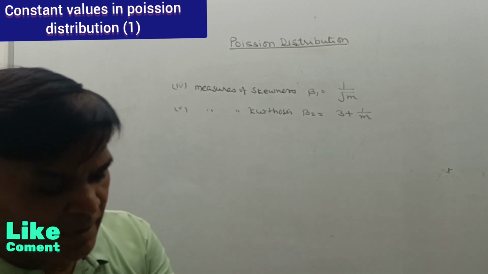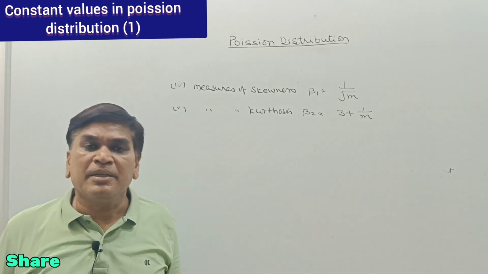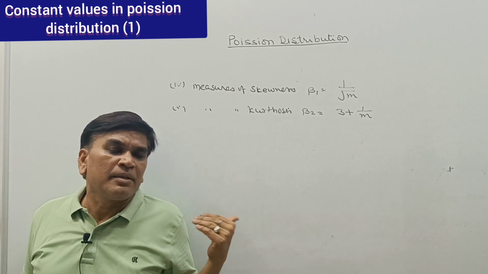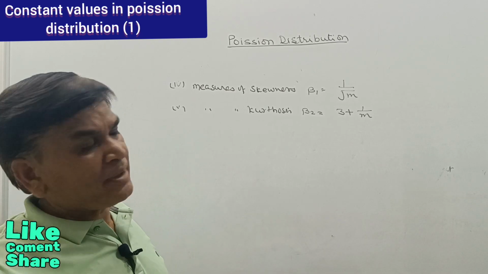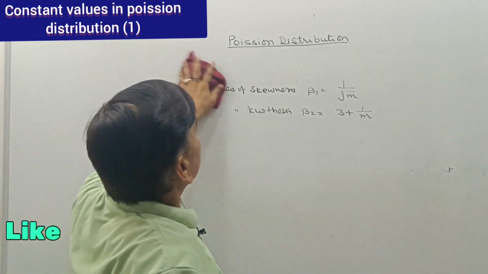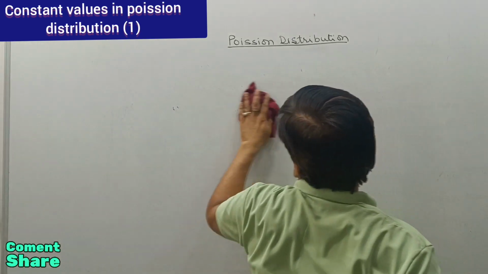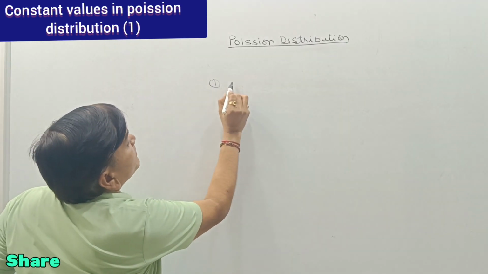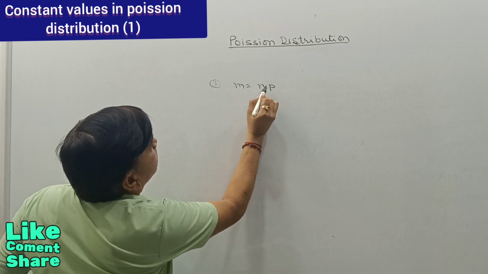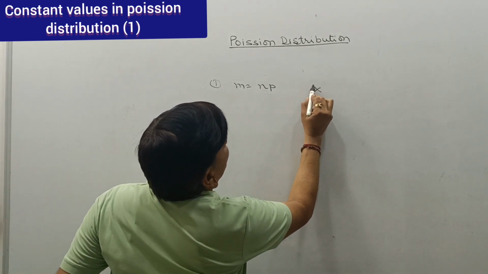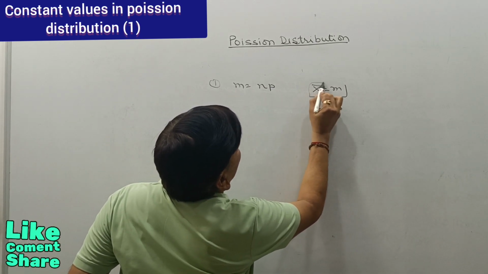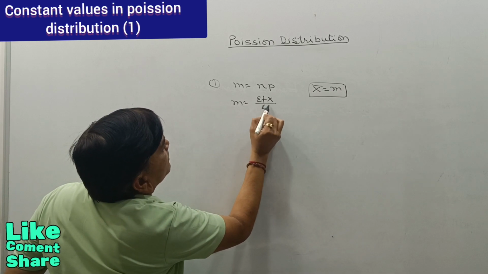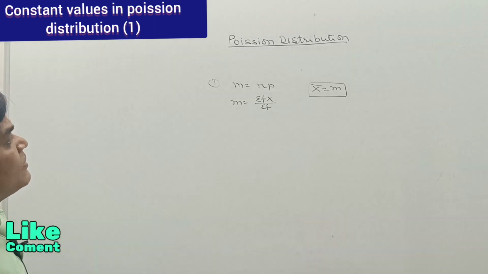So again, I should repeat the constant values of this Poisson distribution, then we will have some questions related to this. First one, if we want the arithmetic mean, m is equal to np. So x bar is equal to m, or m is equal to sigma fx upon sigma f if f and x are given, no problem at all.